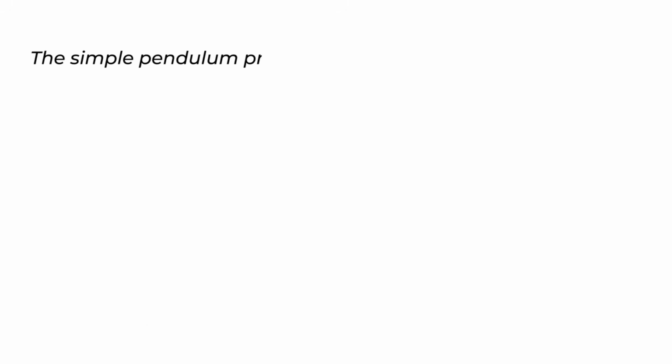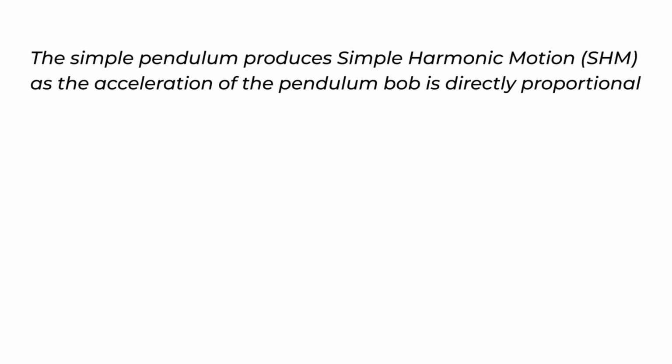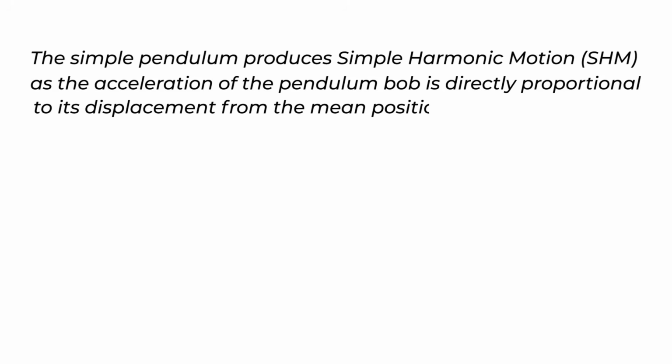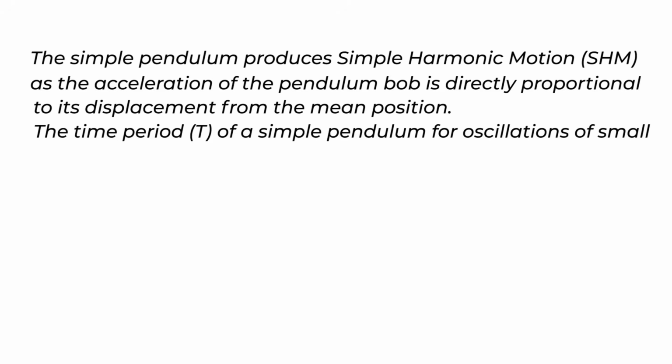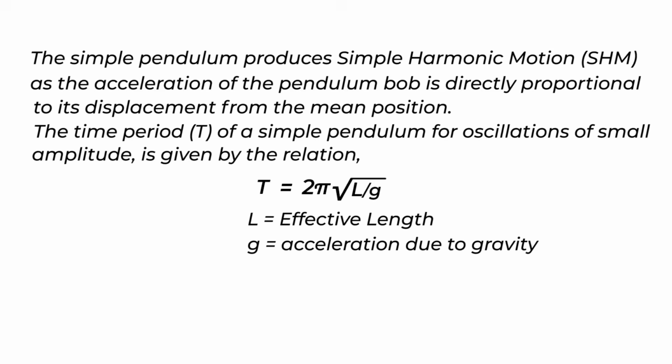A simple pendulum produces simple harmonic motion, as the acceleration of the pendulum bob is directly proportional to its displacement from the mean position. The time period T of a simple pendulum for oscillations of small amplitude is given by the relation T equals 2 pi root over L by g, where L is the effective length of the pendulum and g is the acceleration due to gravity.